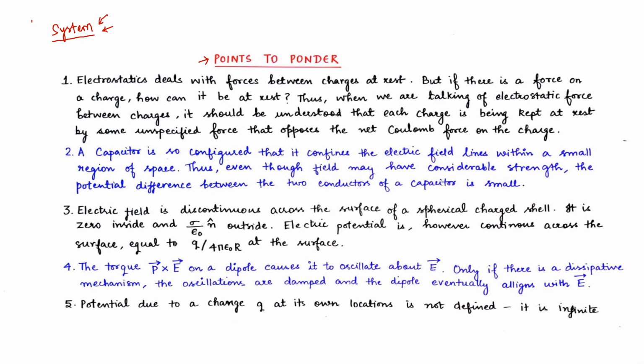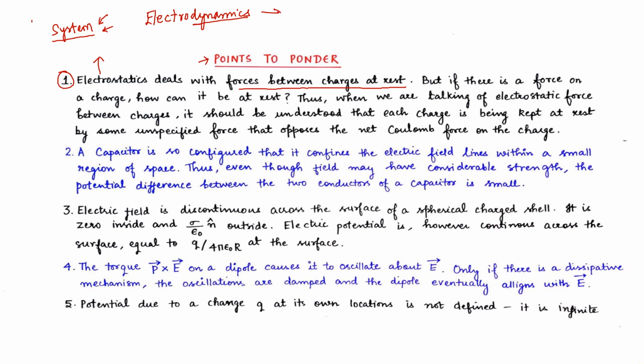So let's start with point number 1, which states that electrostatics deals with the forces between charges at rest. In the very first class we defined electrostatics and electrodynamics. Electrodynamics we will read in the next chapter, that is electric current, which is basically the flow of electrons. Dynamics implies something in motion.